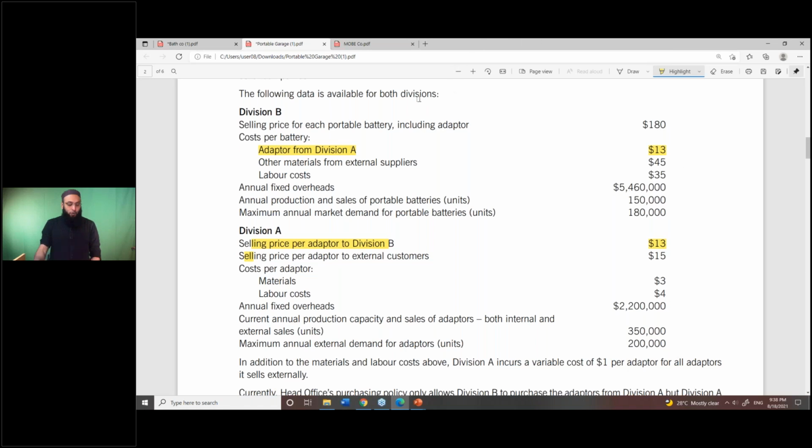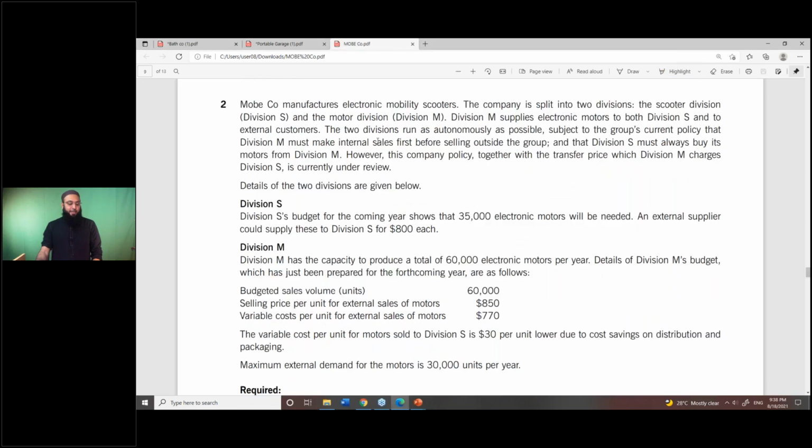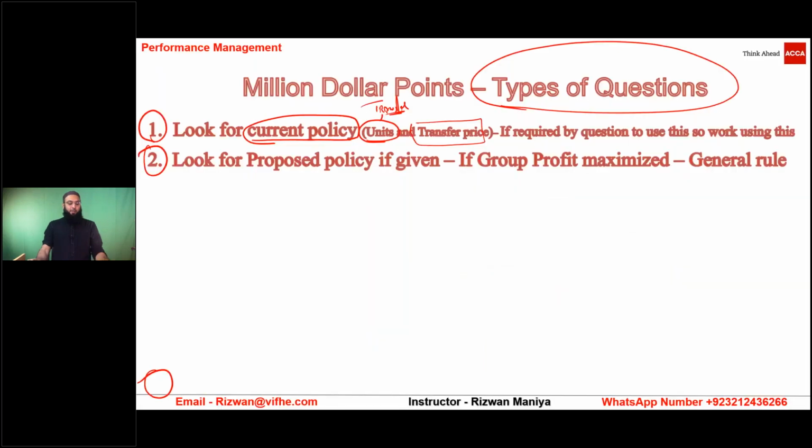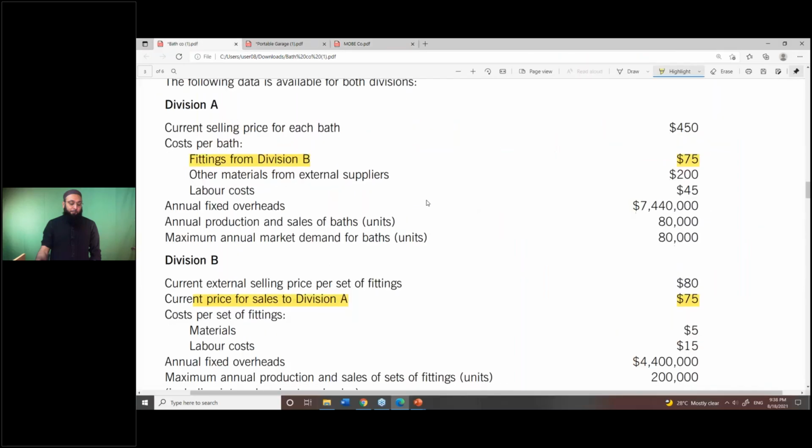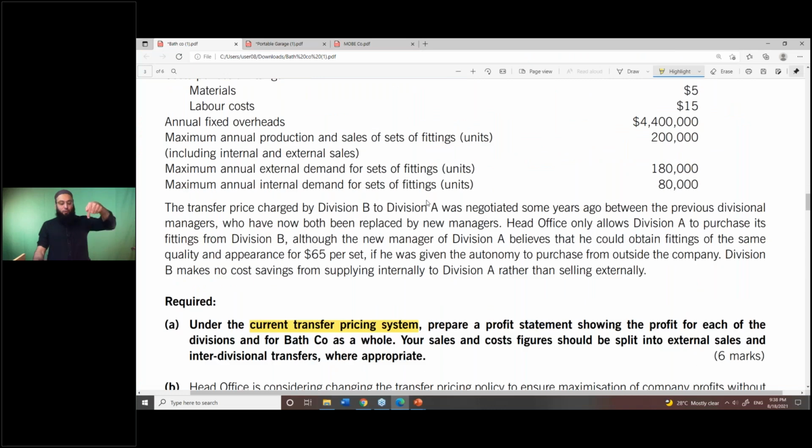So my point here is there is a current policy given in the question, which you read and you find 2 things: the unit that they are transferring and the price at which they are doing it. If required by the question to use this, work using this. In the Bath company question, part A required you to use the current pricing system to prepare a profit statement.